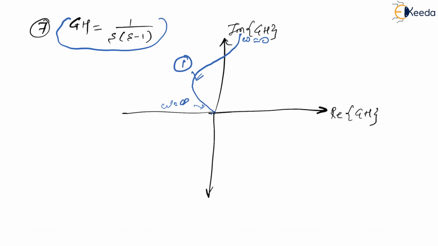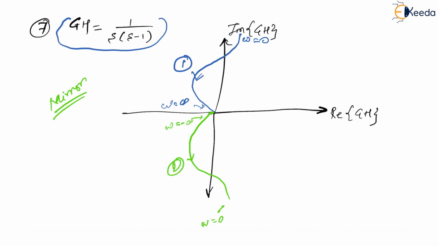Now the next step is what? You take the mirror image, right? Mirror image about the real axis will look like this. So this becomes omega equal to minus infinity to omega equal to 0. This is the second step. Now what is the third step?